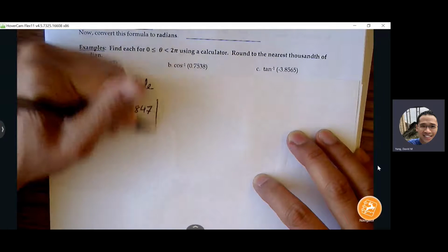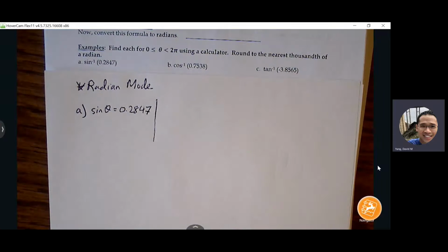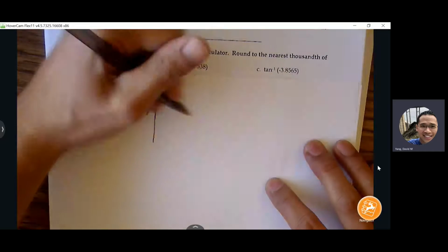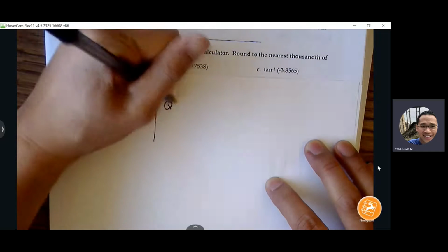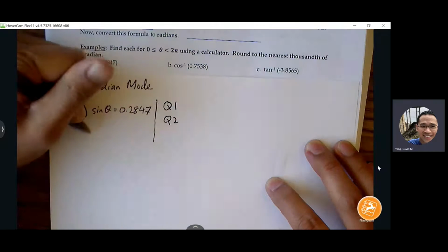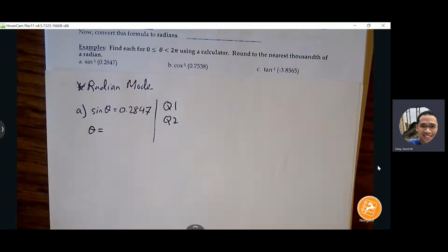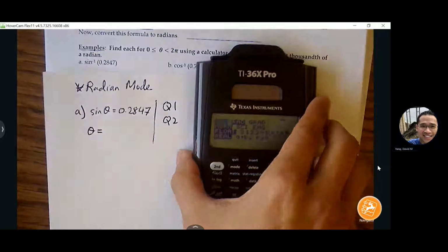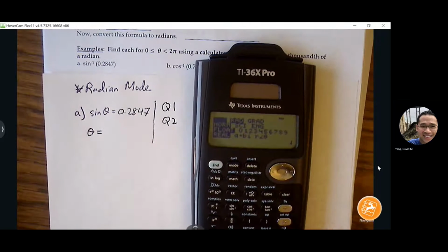We do the same thing as we always did before, right? We just identify which quadrant we're going to be targeting our answers for. Which quadrant will positive sine be? 1 and 2. Okay, so let's use our calculator to find our radian value.